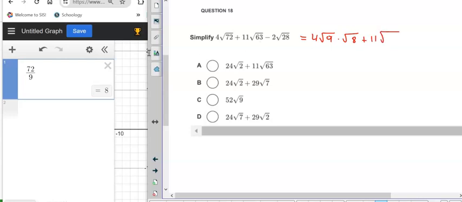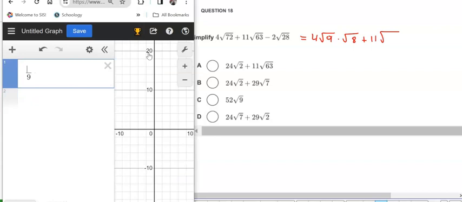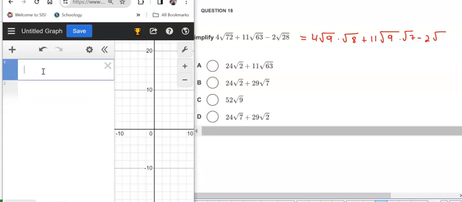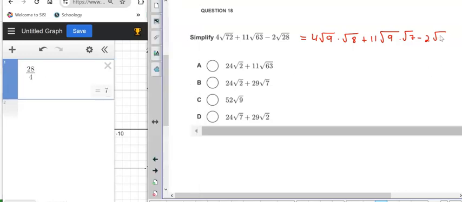For this one also, it's going to be 9 because 63 divided by 9 is 7. So square root of 9 again here times square root of 7. And then for 28, I believe it's going to be 4. 25 is just too close to it, so 4 would go into it. So this one will be square root of 4 times square root of 7.